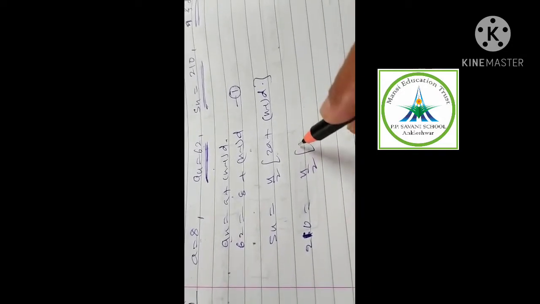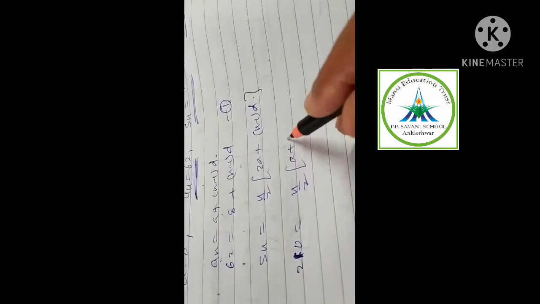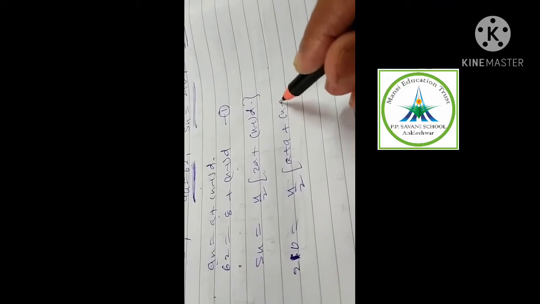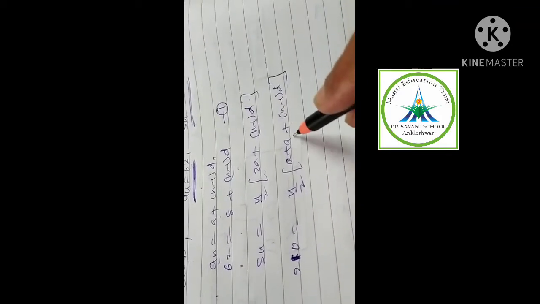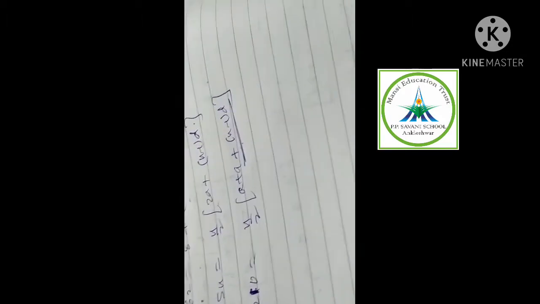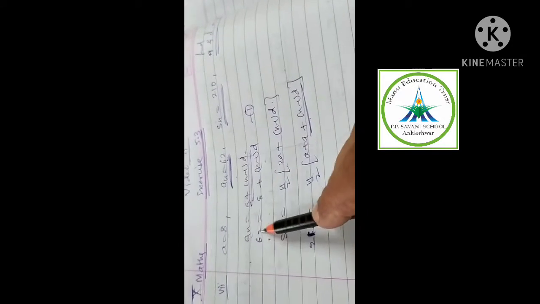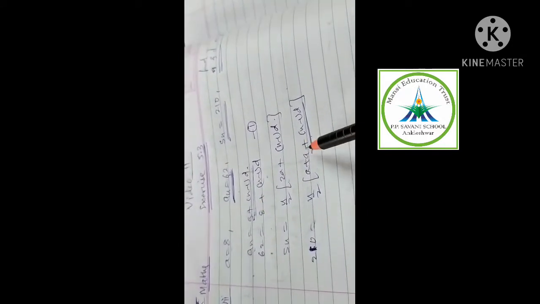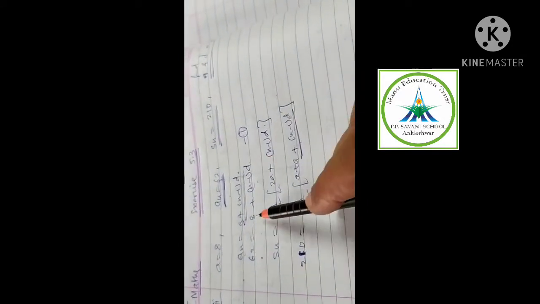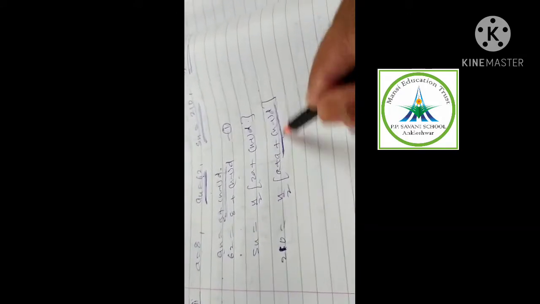We know a. a is what? 8, 2 eights are 16. So I am writing 2a plus n minus 1 d. So this a plus n minus 1 d is already known to us. Are you understanding? a plus n minus 1 d is 62. In place of this complete expression, I am writing 62.